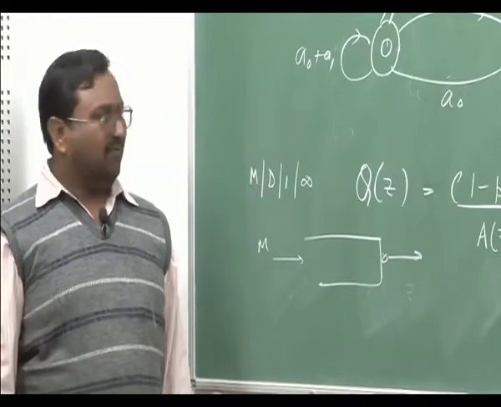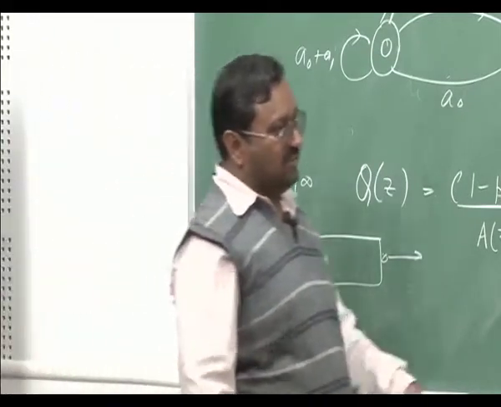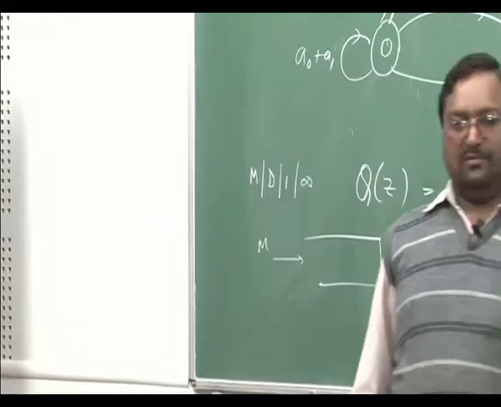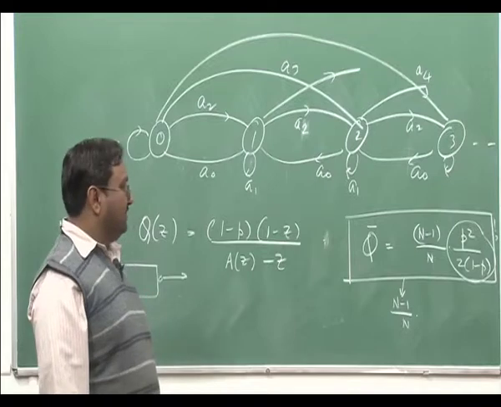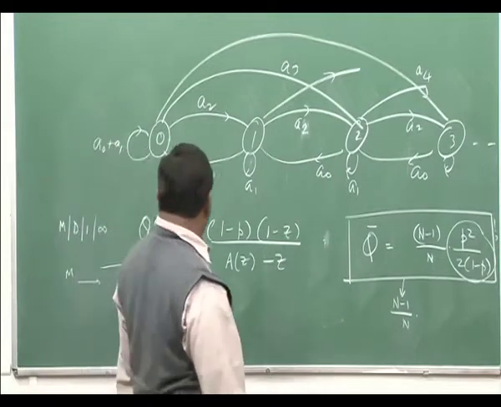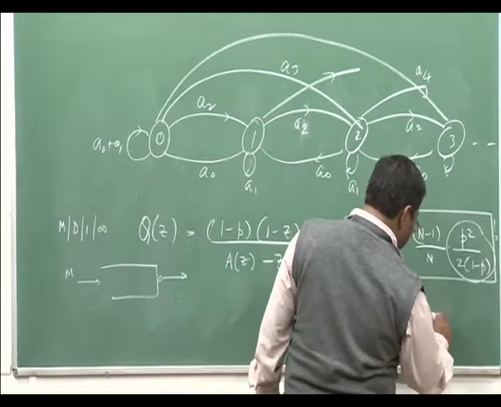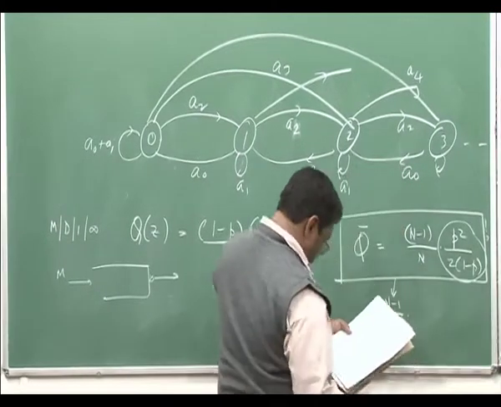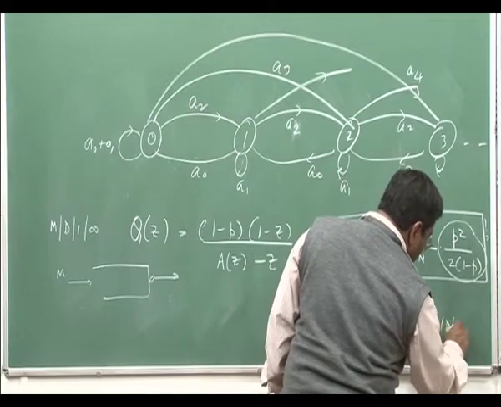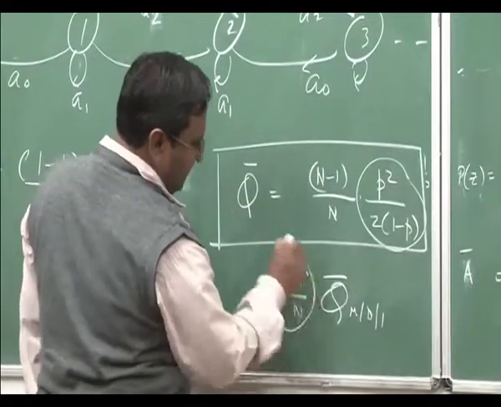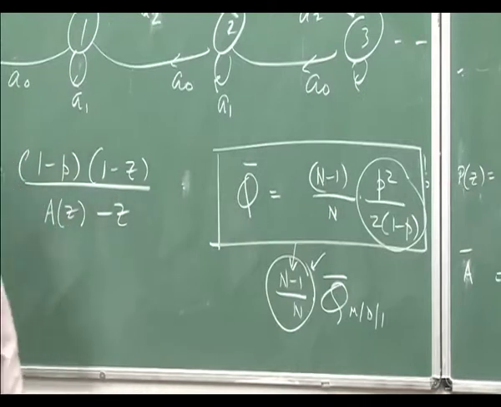For that, the average value turns out to be always p squared divided by 2 divided by 1 minus p. So it is nothing but n minus 1 into the Q value for M/D/1. This is the only variation, a multiplying factor which comes because of the batch arrival.